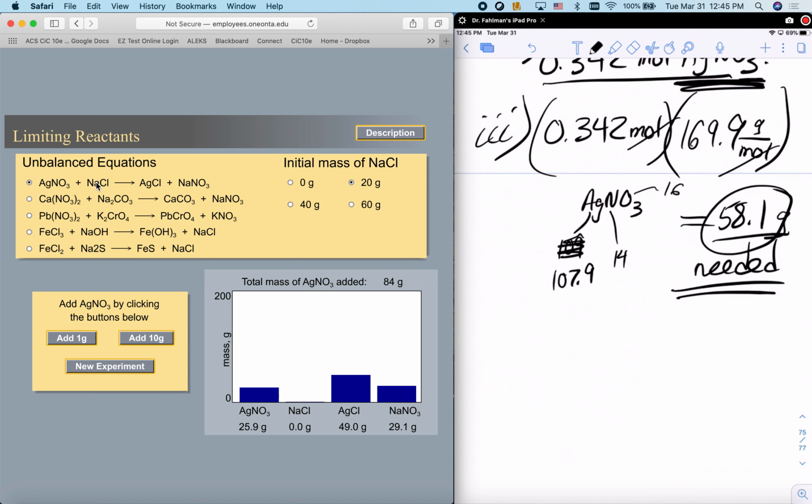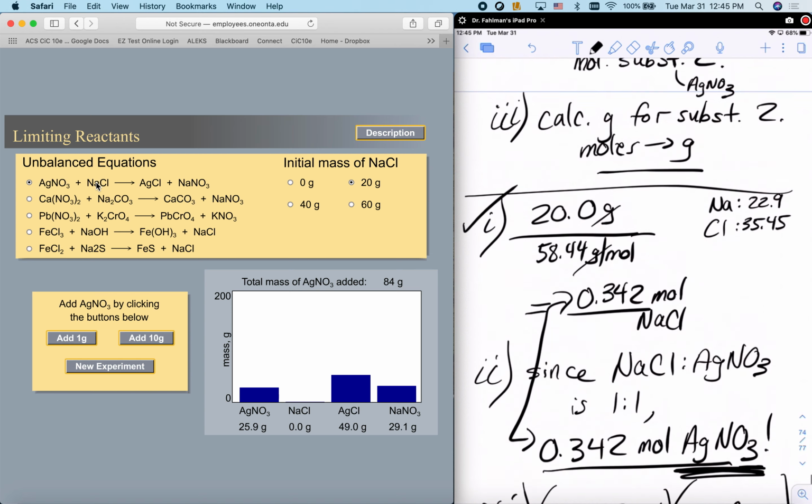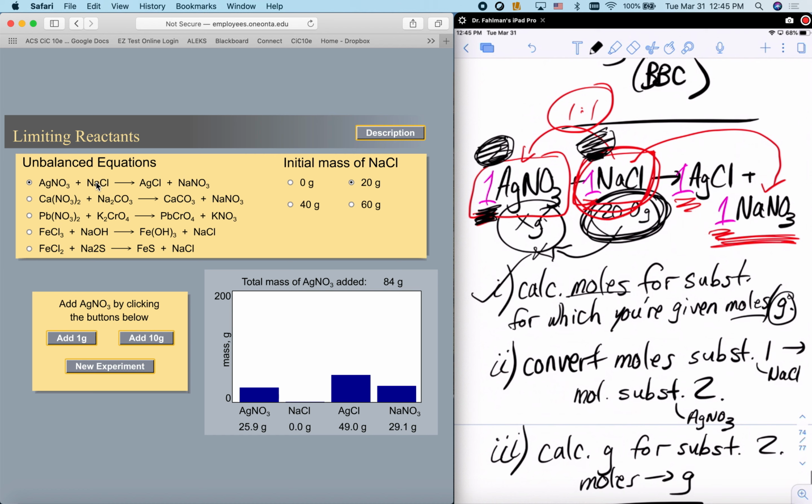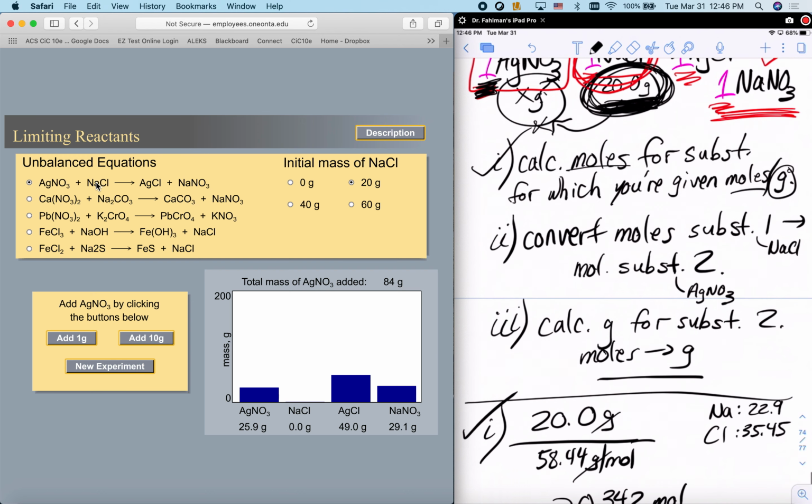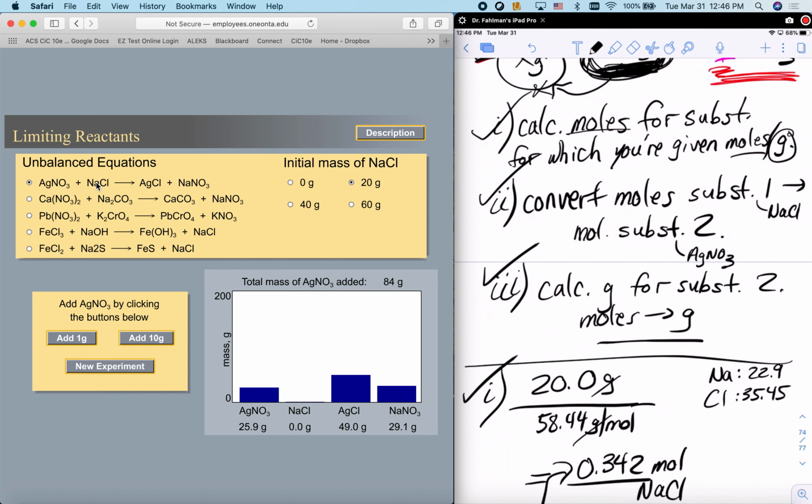All the questions you're going to get this semester are like this, where you're only given grams of one of the components. That way you know that this is the limiting reagent, and the other one is going to be in excess. So you just use this and follow this 3-step procedure.